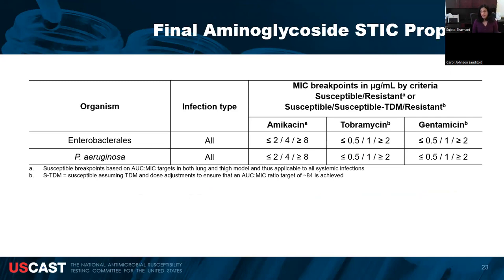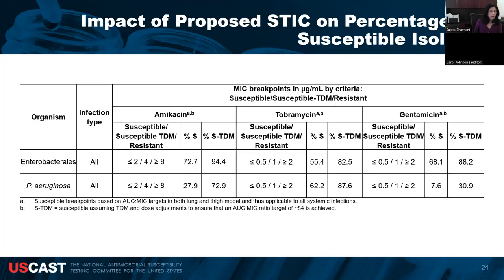But if we do that, then we have consistent STIC across the 3 agents, amikacin, tobramycin, gentamicin, taking that lower susceptible breakpoint, adding one for a TDM-based breakpoint, and then shifting resistance up by 1 dilution. What's the implication if we do that?